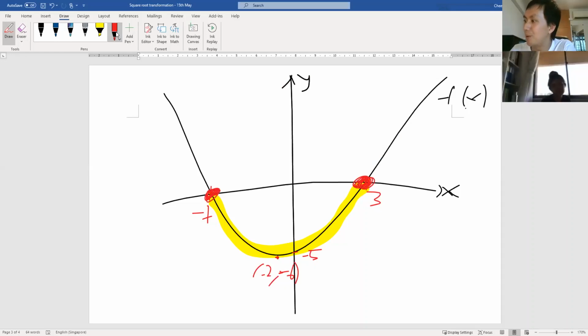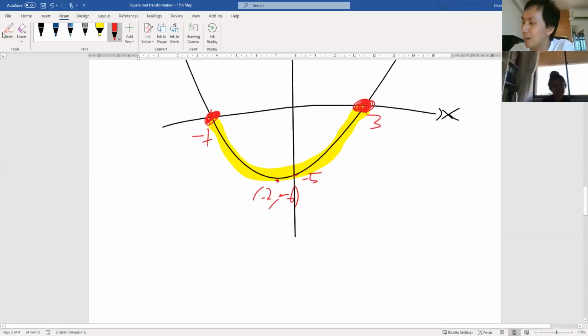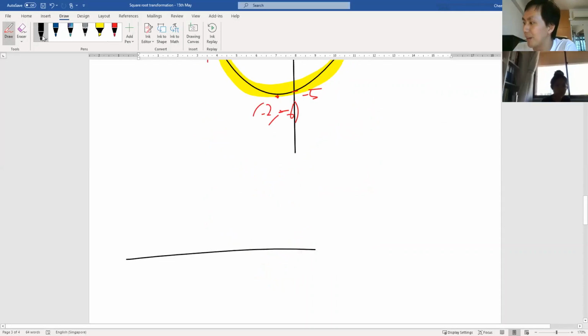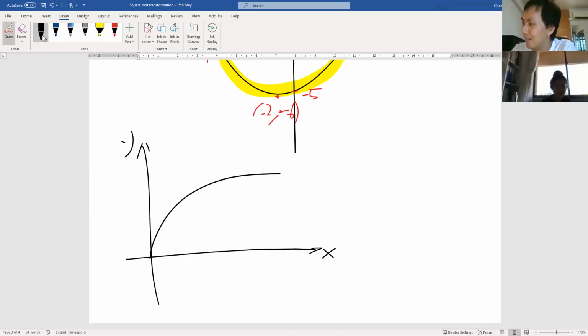Now it's about how these two graphs behave. Let me remind you, the classic square root x graph should look like this. It has a similar feel to a logarithmic graph in that it converges.